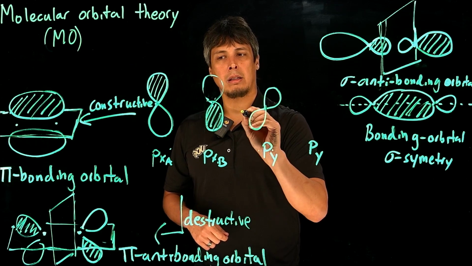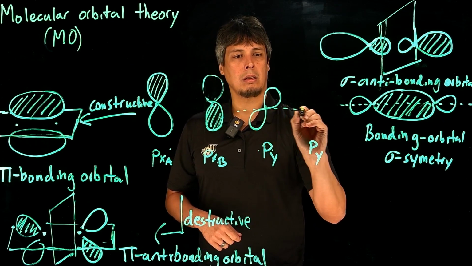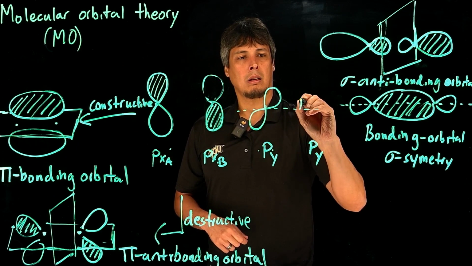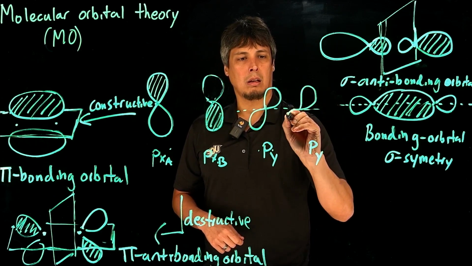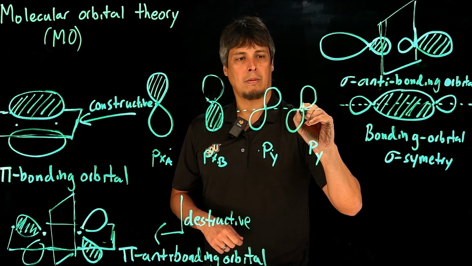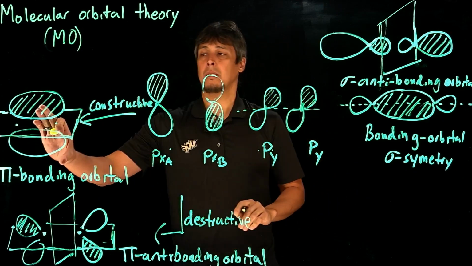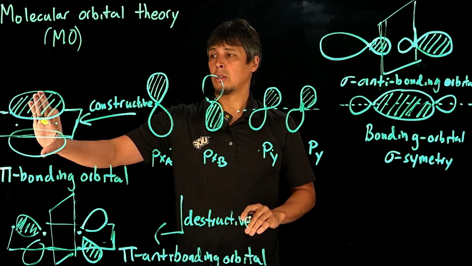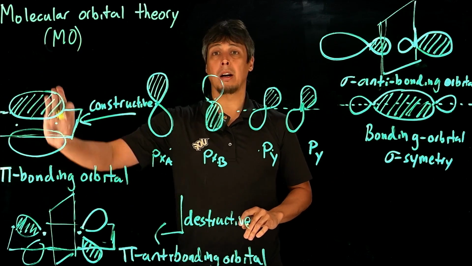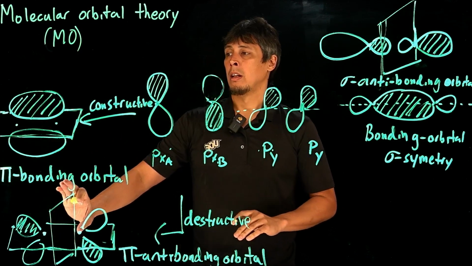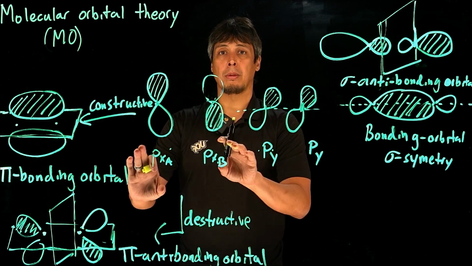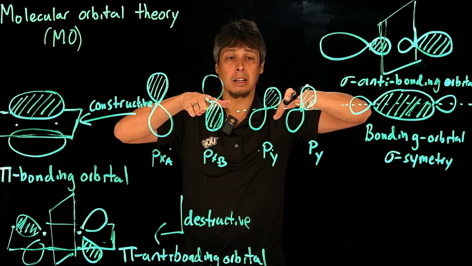So this is our z-axis, and that's going to be similar in shape to our pi bonding and pi antibonding orbitals that we formed from the px orbitals, except they're going to be rotated 90 degrees.